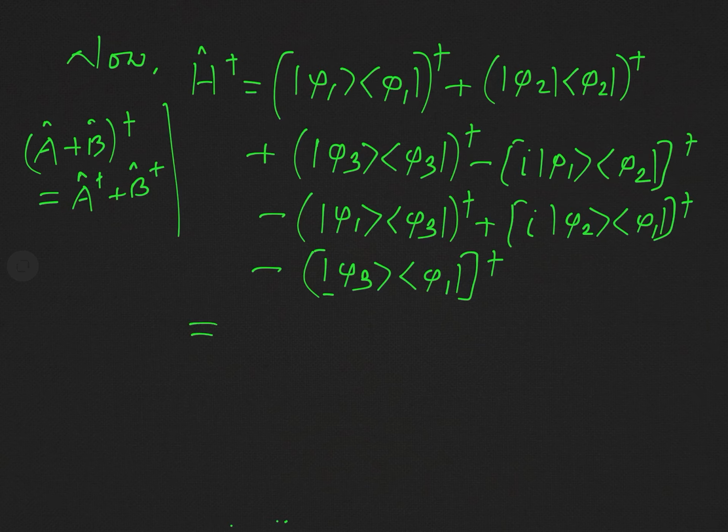And now follow the rules which we have learned in previous lectures. We know that whenever there is a product of two operators and we have to find the Hermitian adjoint, the order of the operators is just reversed, and of each operator we take the Hermitian adjoint.